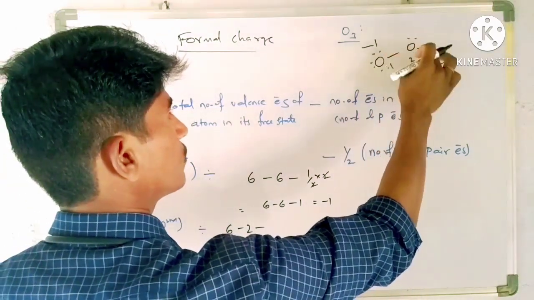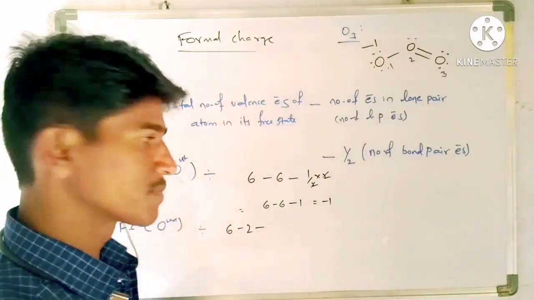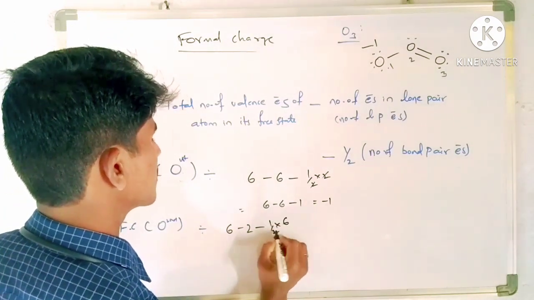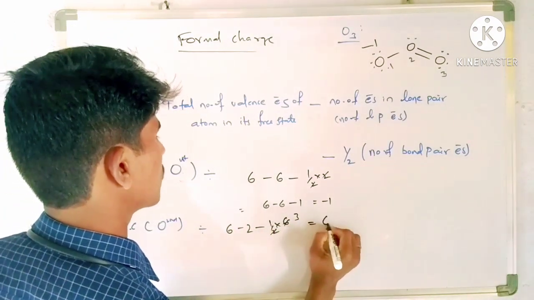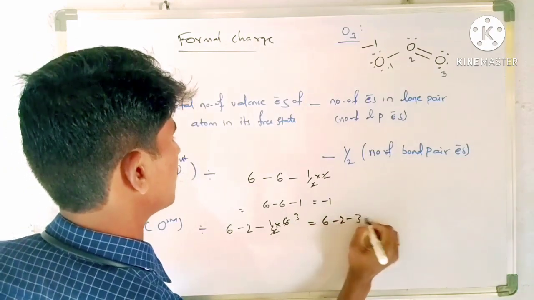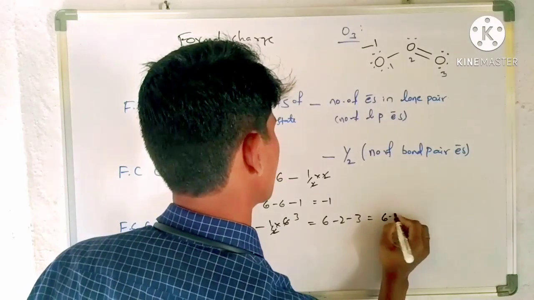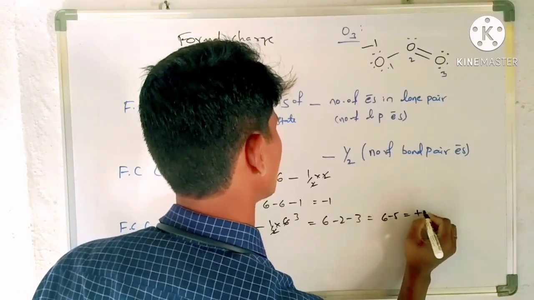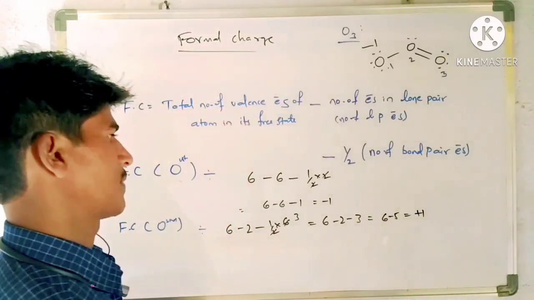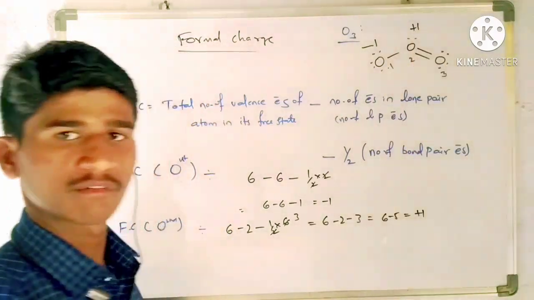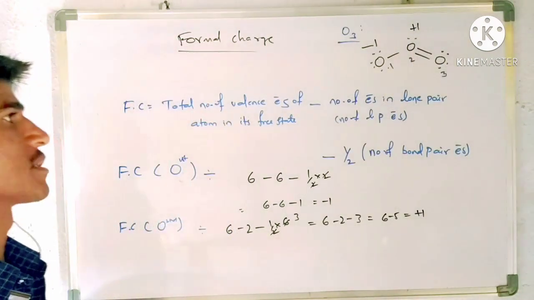So 1 2 3 4 5 6 bond pair electrons, that is 1 by 2 into 6, which is equal to 3. That is 6 minus 2 minus 3. How much do you get? 6 minus 5, that is equal to plus 1. The formal charge of this oxygen is plus 1.